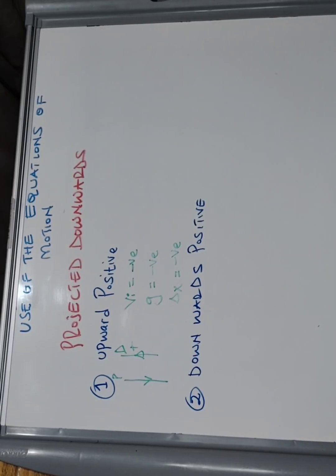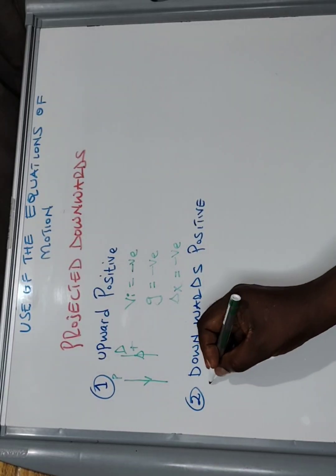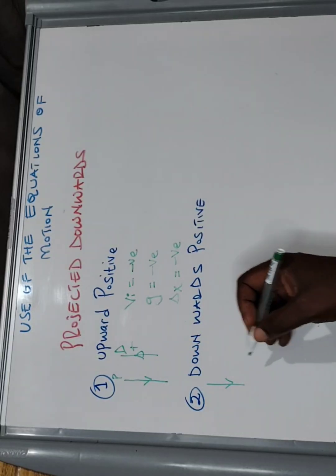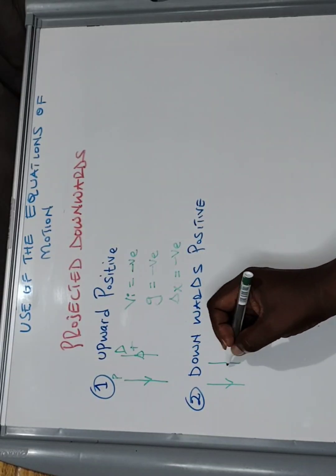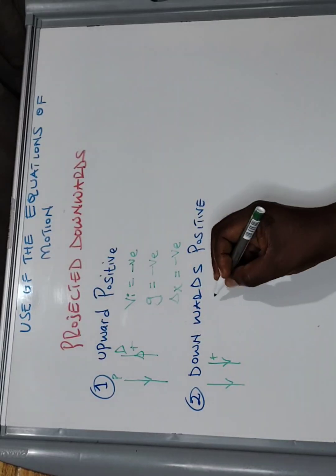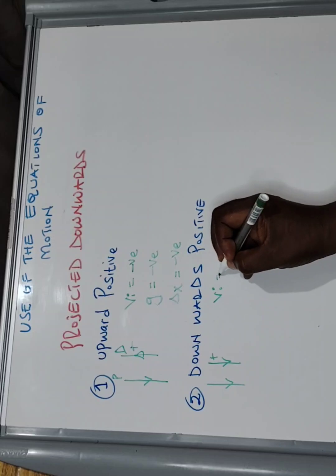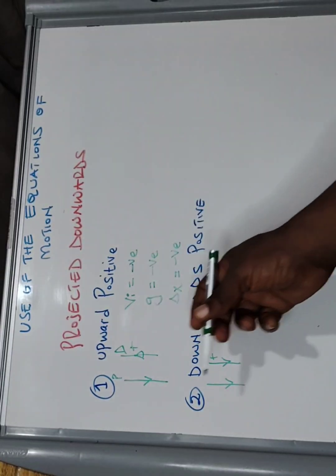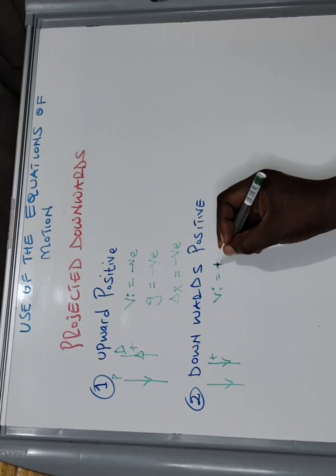Yes, then lastly, we come to this one, downwards positive. So what does that mean? It means that the ball is going downwards. And what does that mean also? That we have chosen downward as positive. So here, what are we going to have? Let us look at VI. Remember, VI is in the same direction which we have chosen as positive, so it's going to be positive.